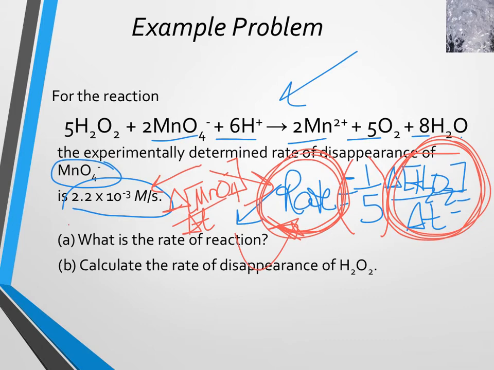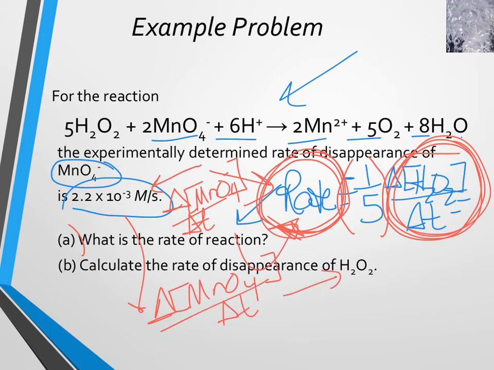That's part A. And then also, knowing the rate of change in concentration of permanganate over time, can you use that information to calculate the change in concentration of H2O2 over time? You should be able to do that if you write all these relationships. So I would turn off the video, give it a shot even if you're kind of lost, and then I'll explain it on the next page.